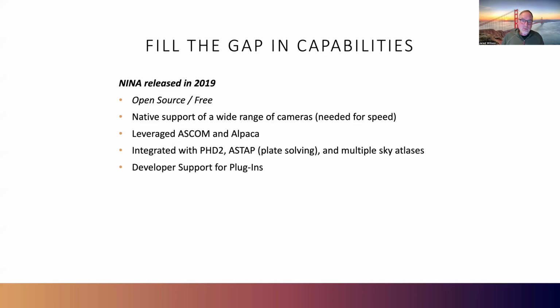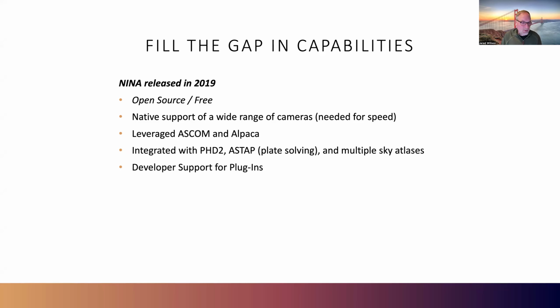So what changed that resulted in Nina? Nina was released in 2019. It was the first application of its type that was open source and free to use. It had native support for a fair number of cameras and didn't need ASCOM, which was good. They would leverage the SDKs from the camera manufacturers.